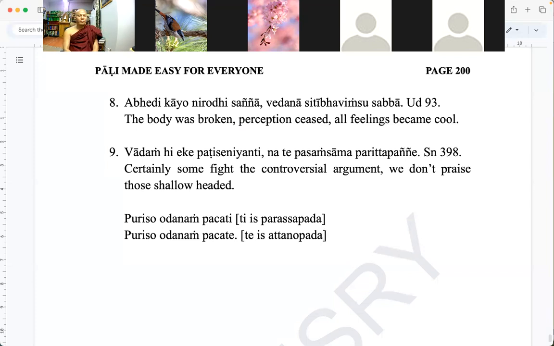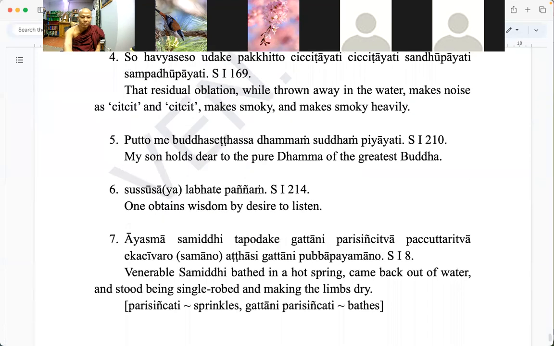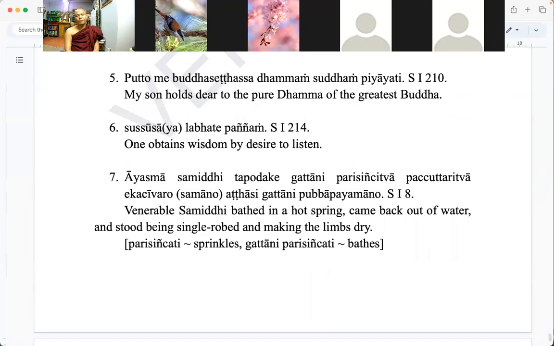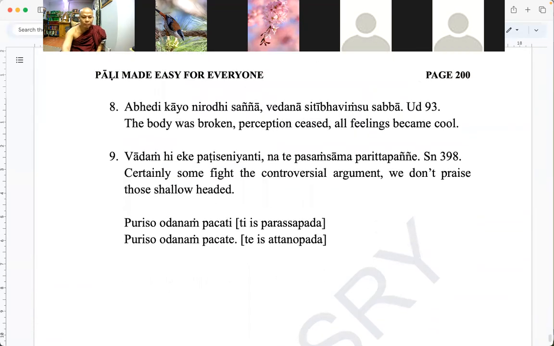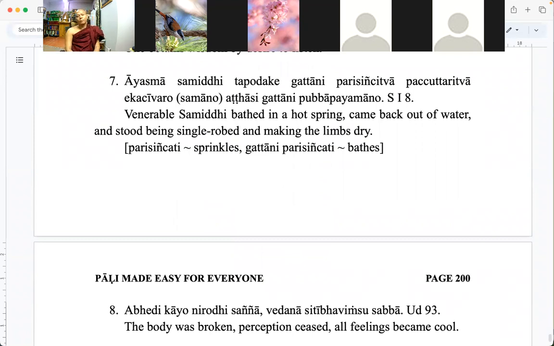Another point, Bante, for number 7. When we translate it, it is 'and stood being single robe'. So how can we understand this phrase, Bante?